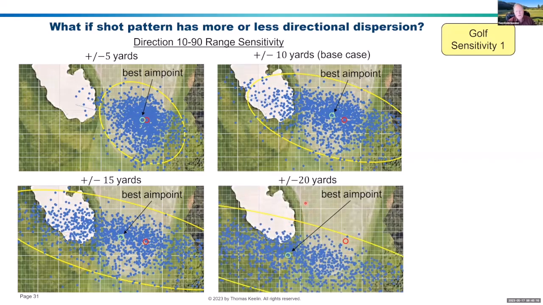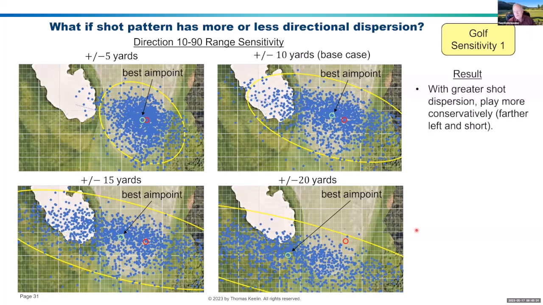What if your shot dispersion pattern is such that 10% of your shots go farther right than 20 yards and 10% of your shots go farther left than 20 yards? If that's the case, your best aim point is over here, short left of the green. So the bottom line is, with greater shot dispersion, you would play more conservatively with respect to the hazard.